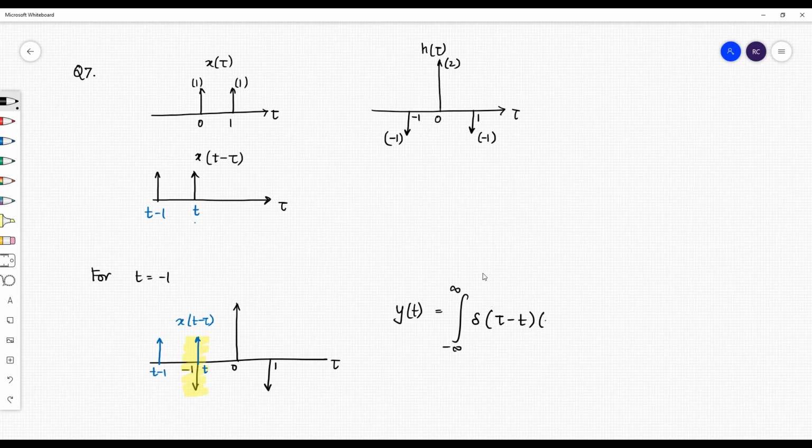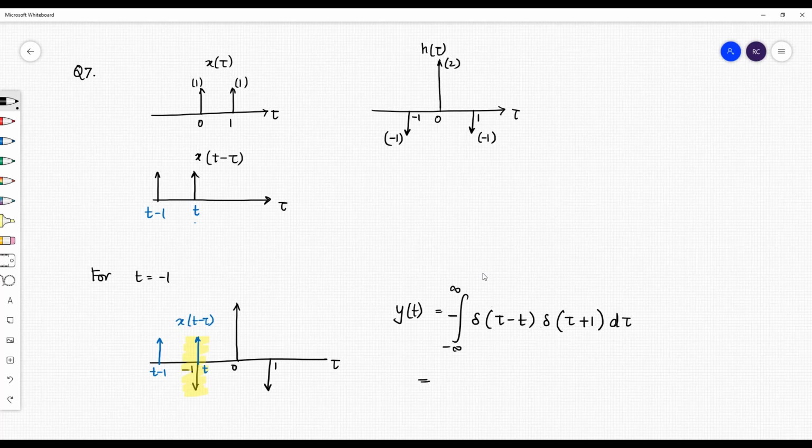It has a strength minus 1, so I can take this minus 1 outside. And how do I define this in terms of tau? It is delta(tau plus 1), a delta function in tau domain, but situated at minus 1. This is how that can be written. And its strength being minus 1, I've taken it outside already. So this is the product that we need to find.